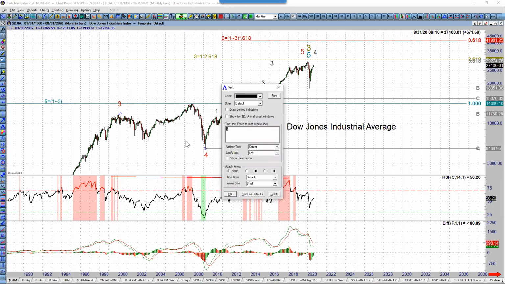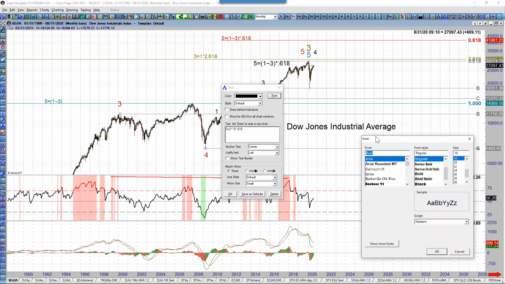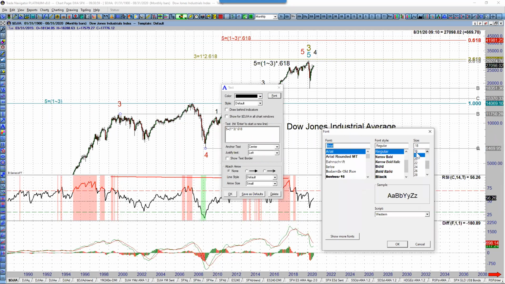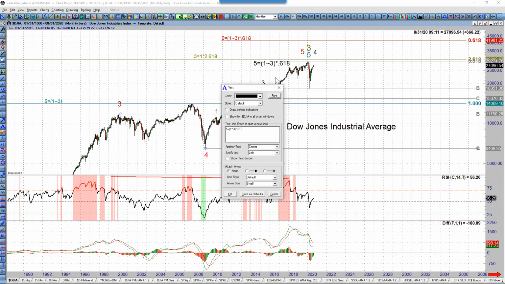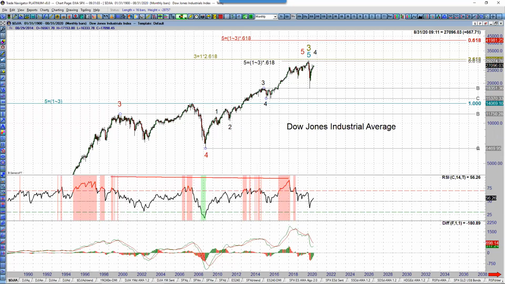I'm going to draw that to the actual low here. So wave 5 would be equal to 1 through 3 times 0.618. That's the most common target. So now we're developing a Fibonacci cluster for fifth wave up from the 2009 low.